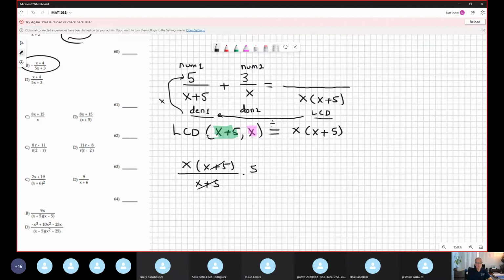So 5 stays, 5x, no? 5x. And you can check backward, if you want to make sure. This is not necessary to do. However, if at one moment I am confused, then I need to check it well. So you take this, you copy this, and you see x is cancelled and 5 over x plus 5 stays alive, exactly like this fraction. Okay?